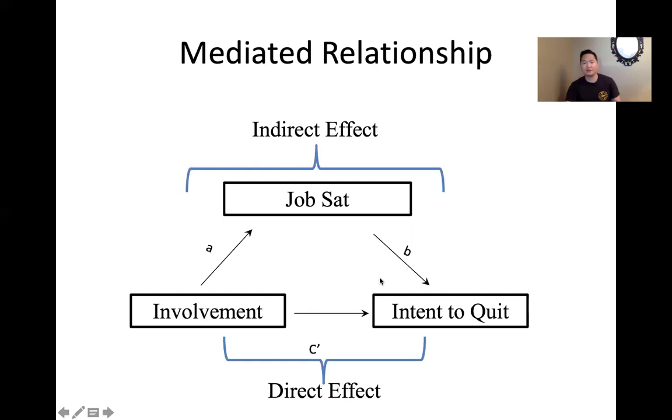Job satisfaction to intent to quit, that B is the relationship between job sat and intent to quit, and our original relationship, X to Y, involvement to intent to quit, that's our direct effect, or our C prime path. That little apostrophe means prime. So what we'll do today is we'll walk through how to find all of these things. That way you can build it up for your own projects if you went the mediation route.